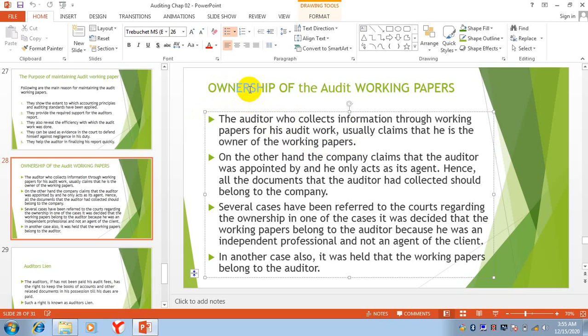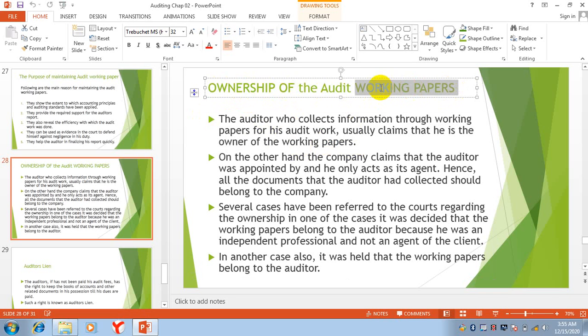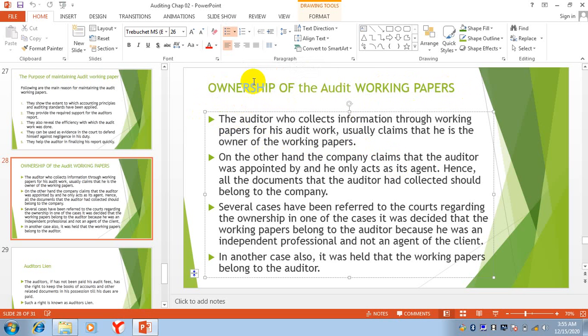Here our topic is ownership of the audit working papers. Who is the owner of these working papers? Who will keep these working papers, the auditor or the company? The auditor claims that he is the owner of the working papers because he collects all this information.